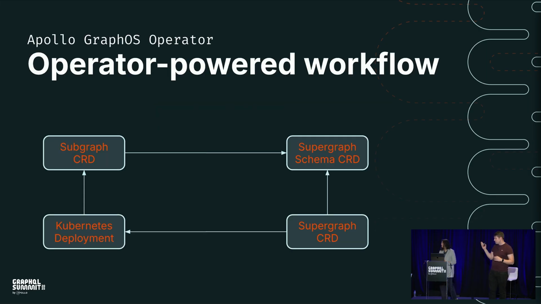So this diagram replaces the one we saw previously with custom resources that represent those concepts that we just saw in the diagram before. This is the way that operators work. They essentially consist of a set of control loops and a set of resources that those control loops reconcile.